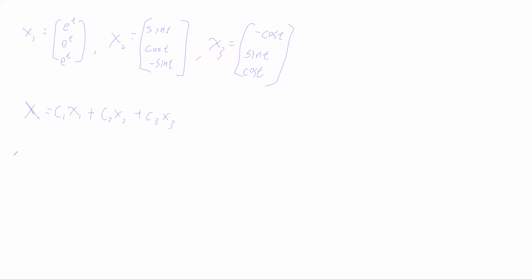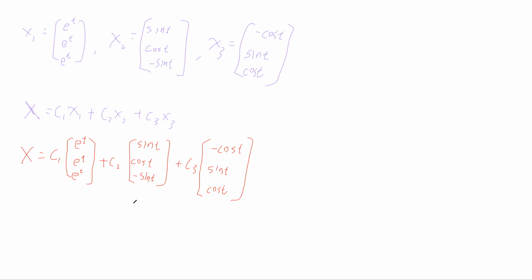Let me write out some different ways of representing the general solution. We can write that as c1, and then actually writing out the vector function, c2, and so on, like this.